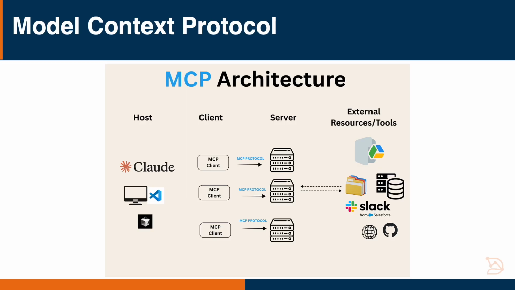Now, with the MCP architecture, for time's sake, I'm just going to give a simple overview. This is how it looks. We have the host, the client, the server, and then the external tool. The host provides the client. So if I'm on Claude, it will provide the client to be able to interface with the server. And this server, as I mentioned earlier on, is where the tools are.